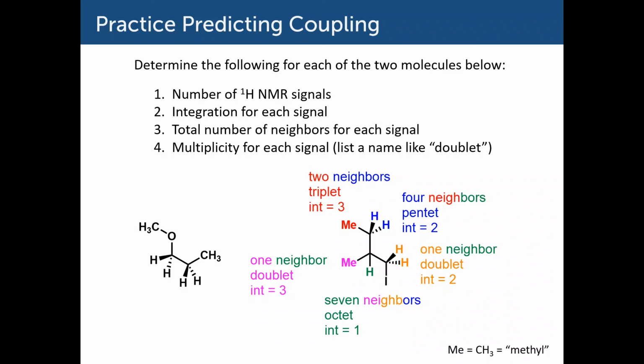So the signal for the green H will be an octet, meaning there are 8 lines, and that means there must be 7 neighbors: 3 of the magenta H's, 2 of the orange H's, and 2 of the blue H's. Finally, we could look at the signal from the orange H's. There's just one neighbor for those, the green H. So the orange H's will give a doublet with an integration of 2.